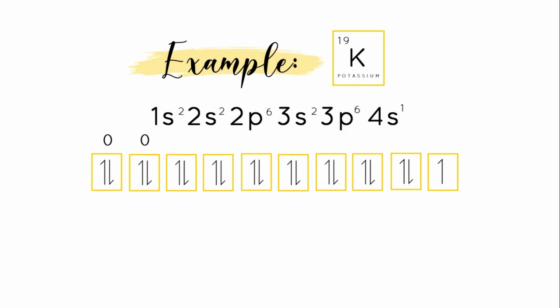For 2p6, we know that P has 3 orbits, and they are labeled -1, 0, and 1. We're just labeling the boxes. For 3s2, again, it has only one orbit, and that is 0. For 3p6, it has 3 orbits: -1, 0, and 1. And lastly, for our 4s1, we're dealing with the S subshell. S has one orbit, and that is 0.